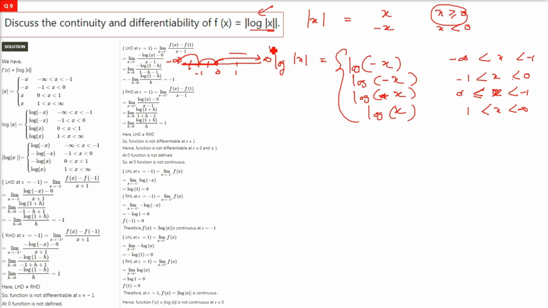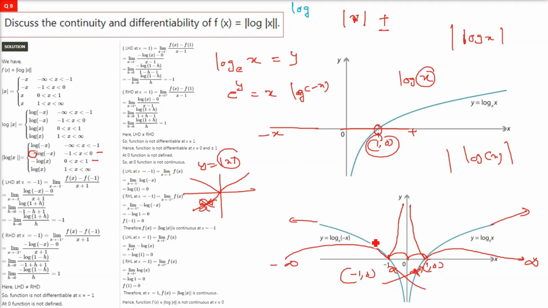But when you put a modulus on this log x, inside a modulus, it will behave like modulus x only. It will be negative, it will be positive. I told you, whenever you put a modulus, there will be no negative y value. So it has to be positive. In order to make it positive, you have to multiply it by minus.